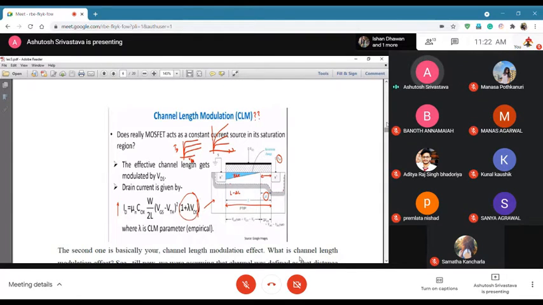So what does that mean? As far as digital is concerned, we talked about only two domains. The first one was linear, the other one was saturation. The MOSFET transistor, when we talk of digital IC design or digital VLSI design, works either in the high state or the low state. The low state is basically zero, though it has a certain range in which it is almost called zero.